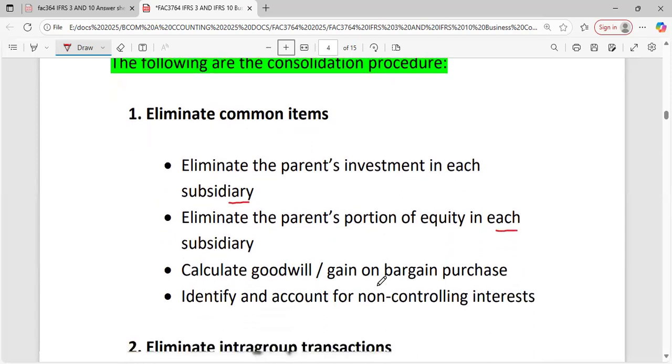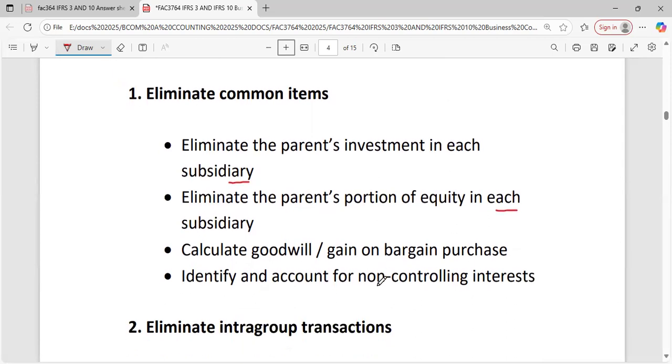We are going to calculate goodwill or gain on bargain purchase. Then we can also identify non-controlling interest. You only see non-controlling interest if the investor did not purchase 100% of the shares in the subsidiary; the difference is then non-controlling interest. So that's basically when you are consolidating.